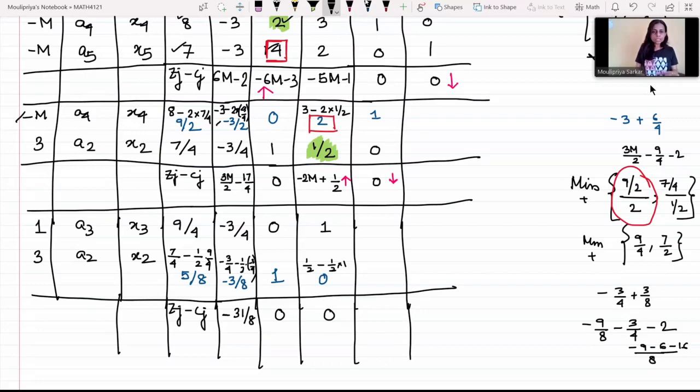Now, since we are getting a negative Z1 minus C1, which is minus 31 by 8, A1 should be the entering vector. Right? How do we decide on the departing vector?